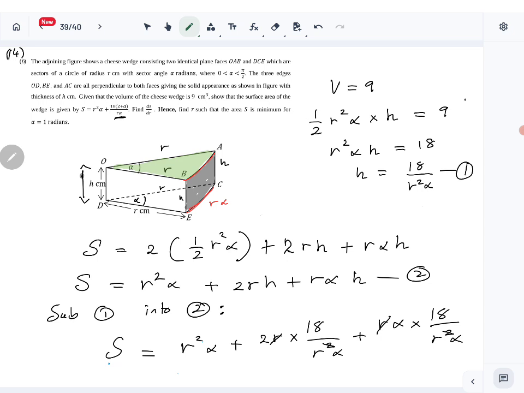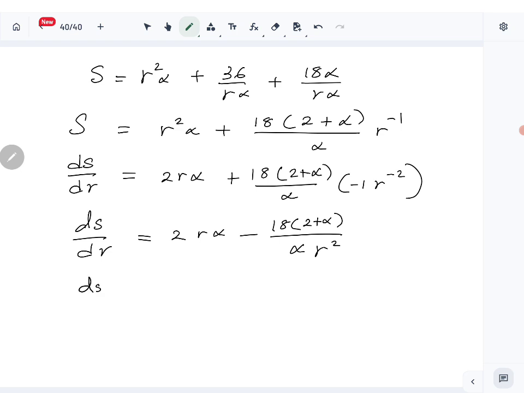So take alpha as 1. Then 2r minus 18 times 3 over r squared. So this is ds over dr.